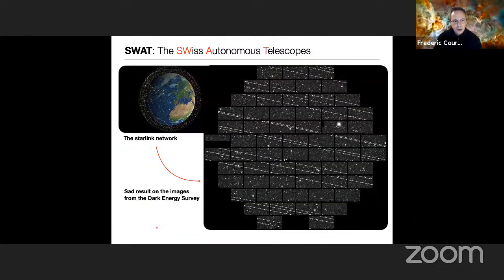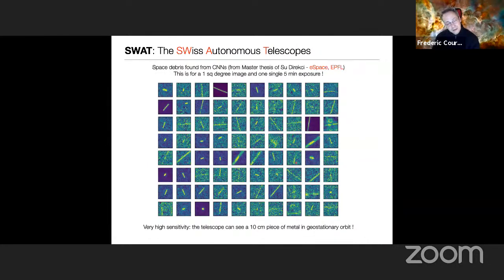You have probably heard of the Starlink network, and that's the disaster produced on the DECam camera of the Dark Energy Survey. But in fact, even on our small VST data that we have, half an hour exposure per night, that's typically what you find.